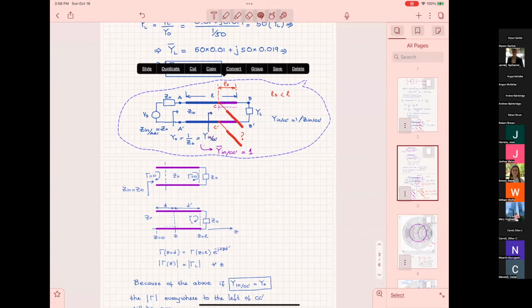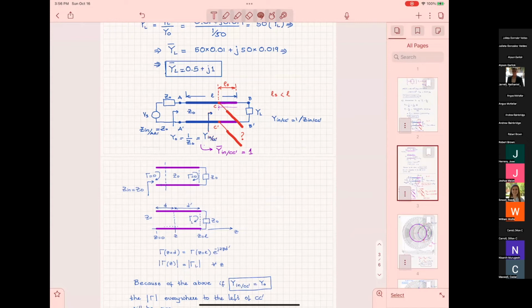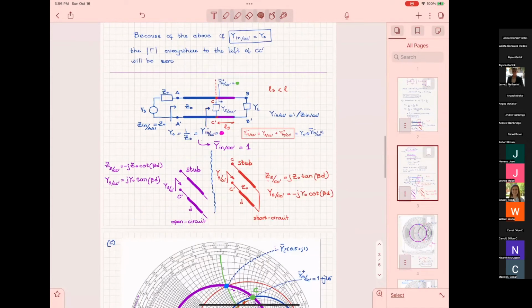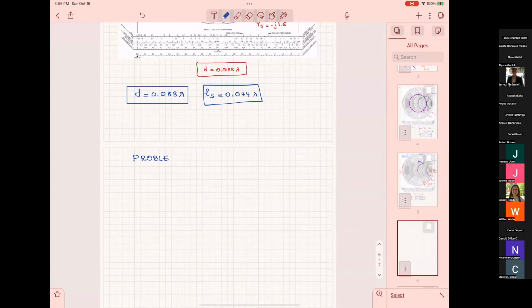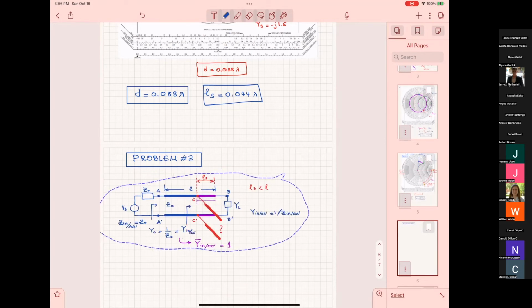So let me take this copy. And now problem 2. Paste. You have this circuit.